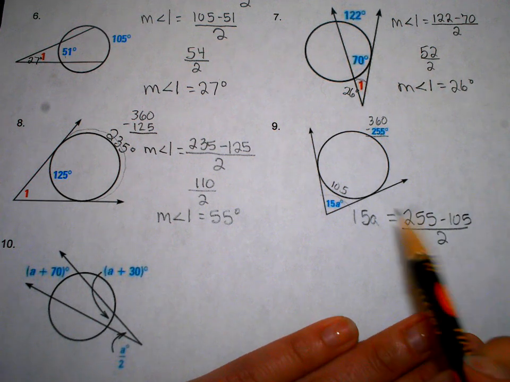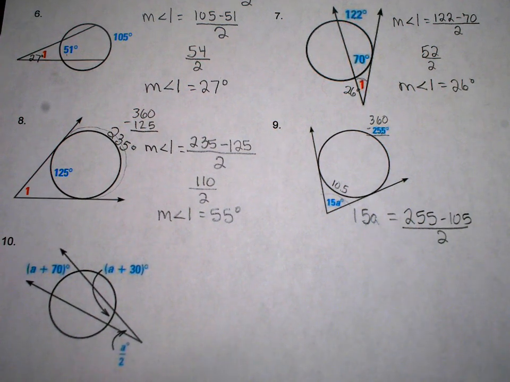So instead of calling this angle 1 or angle 2, I actually gave it a value. I said it's 15A. Remember, it can be anything. It could be 73G, but we called it 15A. We can call it anything. Okay? So now, 255 minus 105.